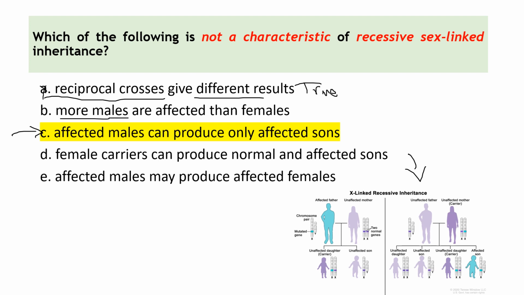More males are affected than females. Yes, this is also true. Why? Because as males only have one X, they are more likely to be affected. They don't need the two of them. Females will need, for example, two X. And the female carriers can produce normal and unaffected sons. That is true too.